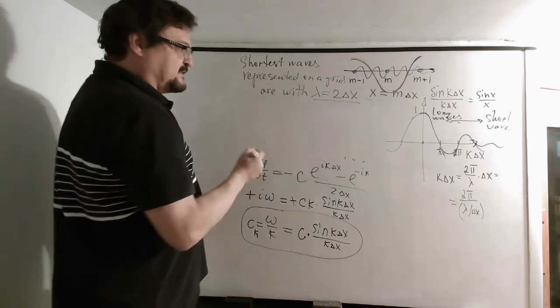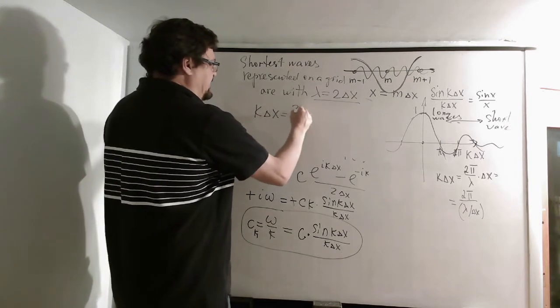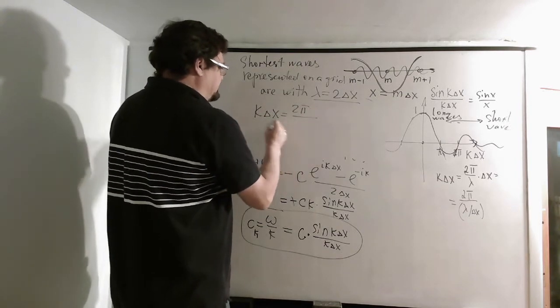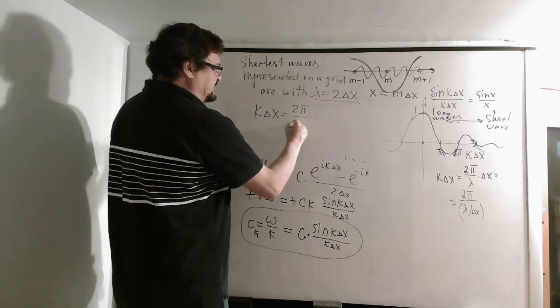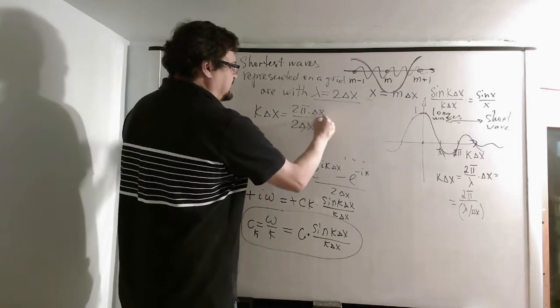And for them, what's k delta x? It equals 2 pi divided by lambda, which is 2 delta x, times delta x. So it's pi.